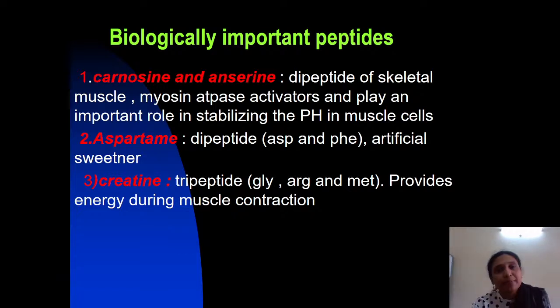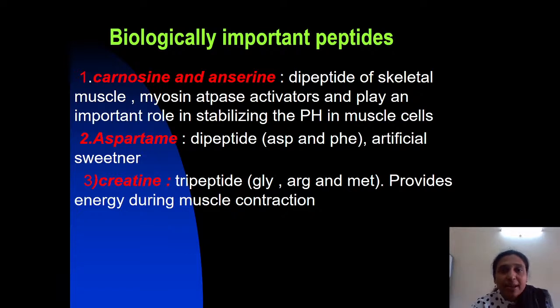A tripeptide has two peptide bonds, and so on, based on the number of amino acids. If four are there, tetrapeptide. If five are joined by peptide bonds, pentapeptide. Like that, up to 50 amino acids joined by peptide bonds you can call a peptide. Minimum 2, up to 50.